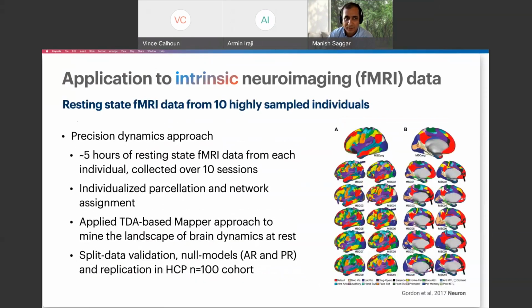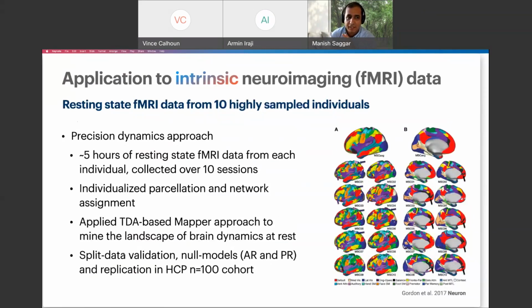So for this analysis, we looked at already collected awesome data sets rather than collecting it ourselves, and we found this Midnight Scan Club data, thanks to Nico and Damien Fair, who were also part of this paper, that we had access to this pre-processed in their best way that these guys pre-process data. So it's already in its most pristine form, I guess, to some degree that we can get.